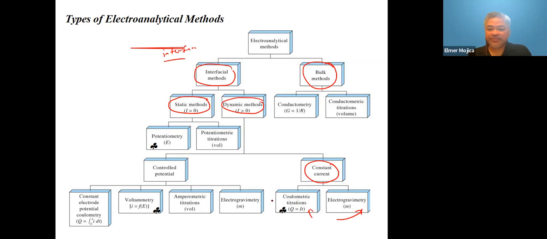Okay, but if you're going to use a controlled potential, you can either end up with amperometric titration or voltammetry. So nilagay ko ng spade yung itatackle natin dito sa chapter na to. Okay? So you can also have a constant electrode potential coulometry or electrogravimetry.